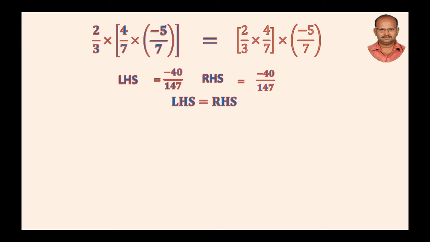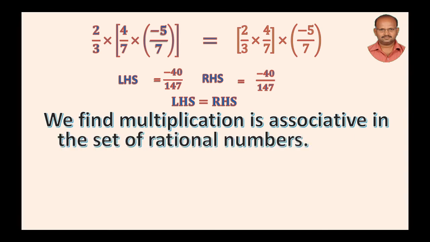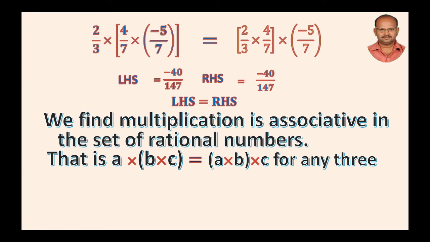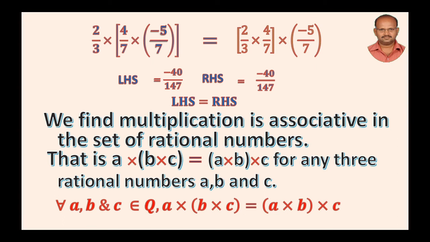We find multiplication is associative in the set of rational numbers, that is A into within brackets B into C is equal to A into B within brackets into C for any rational numbers A, B and C. For all A, B and C belonging to rational numbers, A into within brackets B into C is equal to A into B within brackets into C.